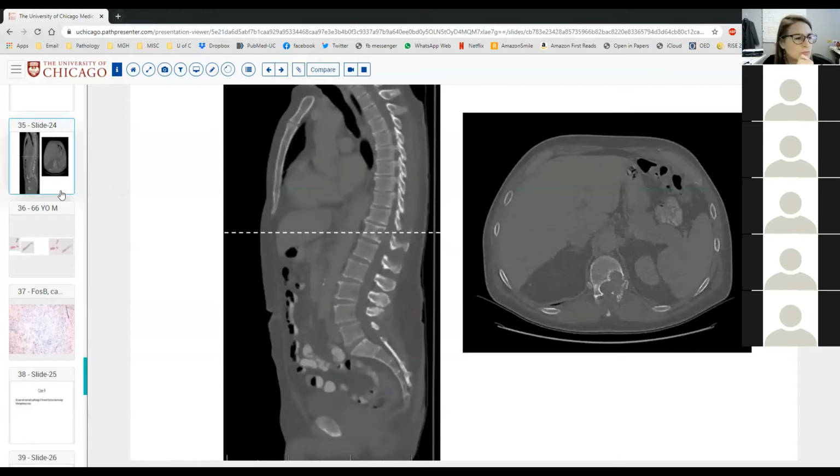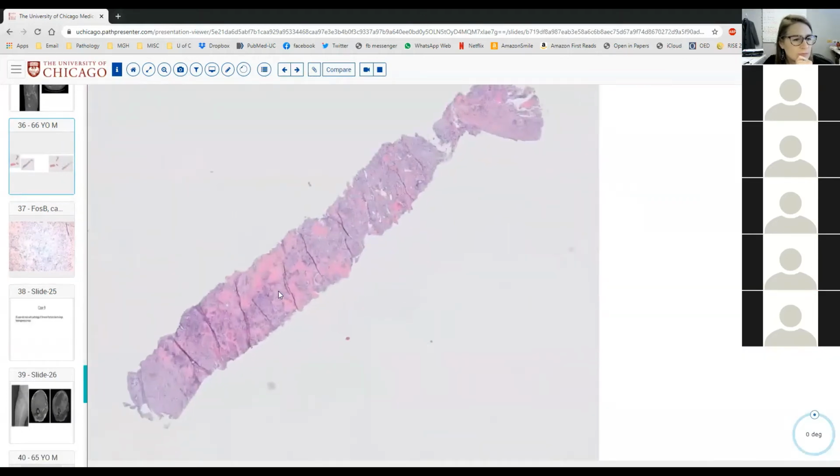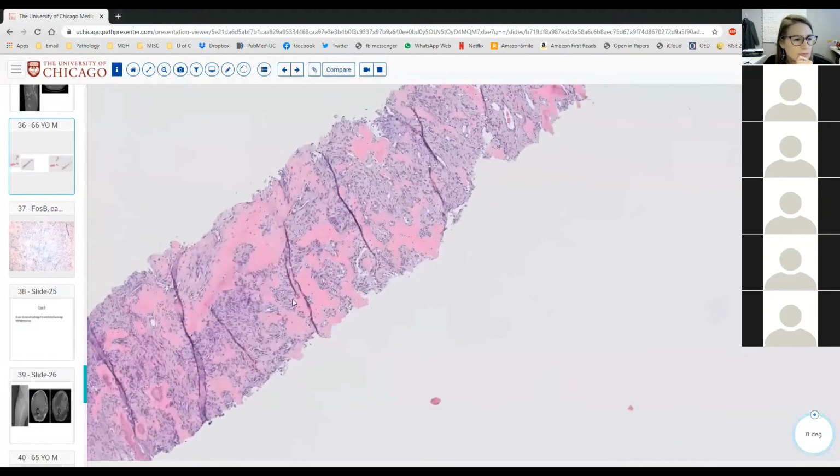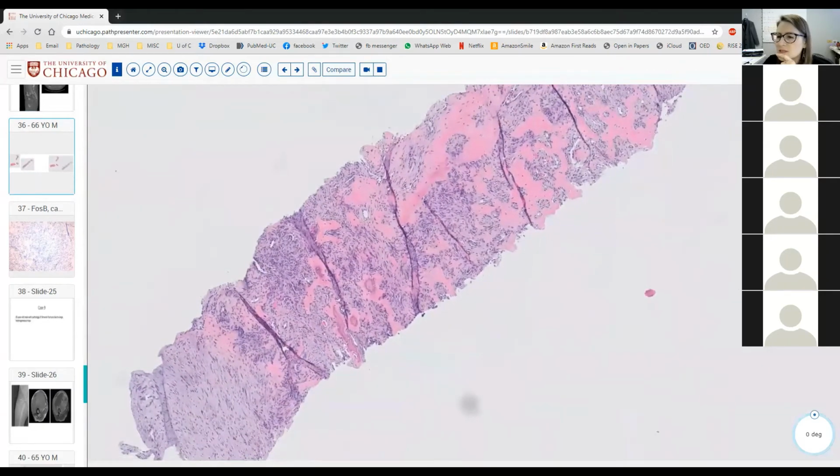Cool. All right, so here's the histology. Who's going to at least describe what they see? I could try.